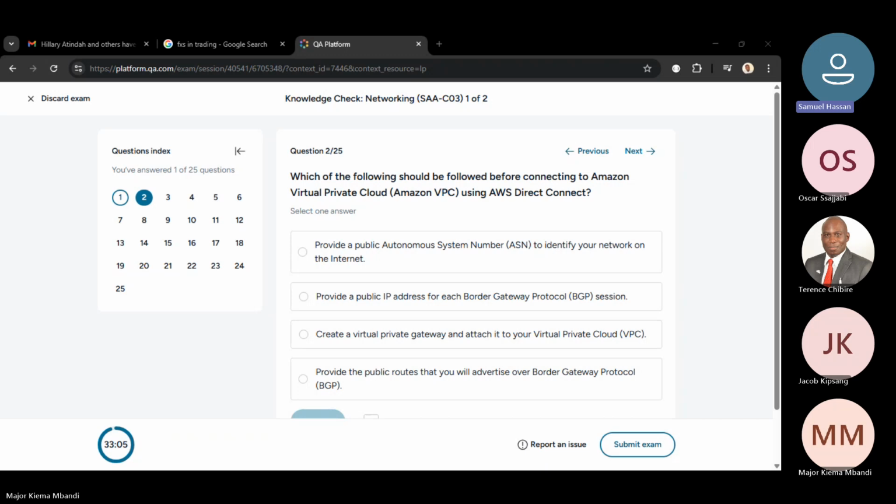B. Provide a public IP address for each border gateway protocol, BGP, session. C. Create a virtual private gateway and attach it to a virtual private cloud. D. Provide a public route that you will advertise over border gateway protocol, BGP.